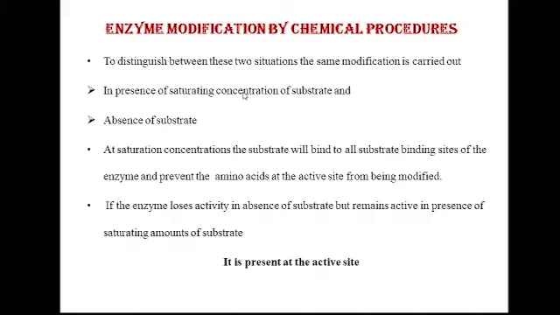But when you treat the enzyme with saturating concentrations of the substrate before the chemical treatment, it is now obvious that all the R groups of the amino acids that are present at the active site have been bound to the substrate.